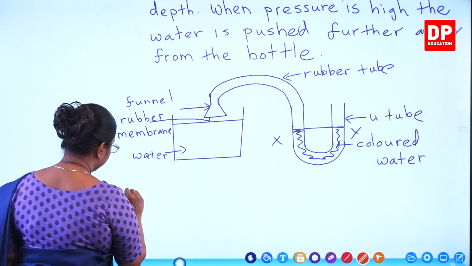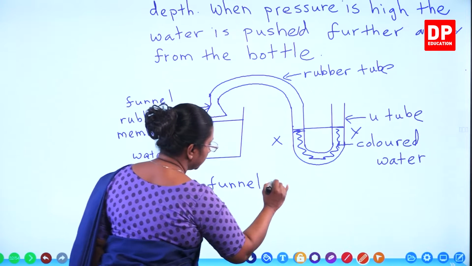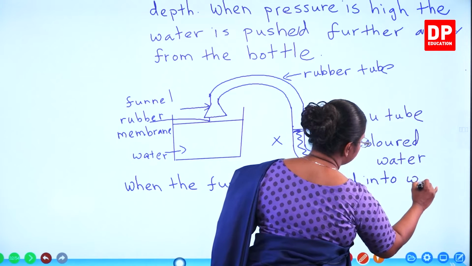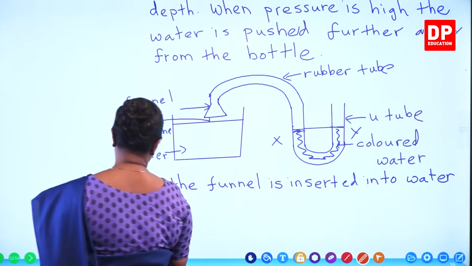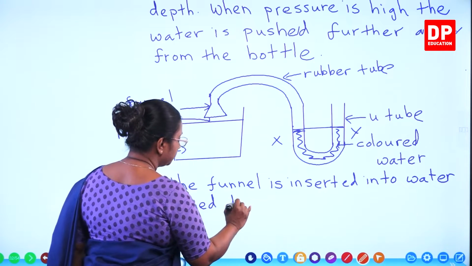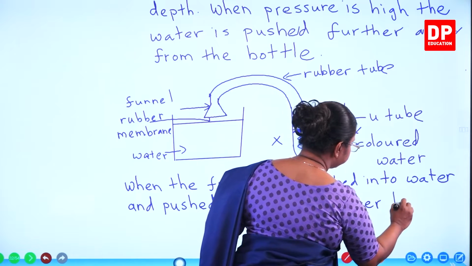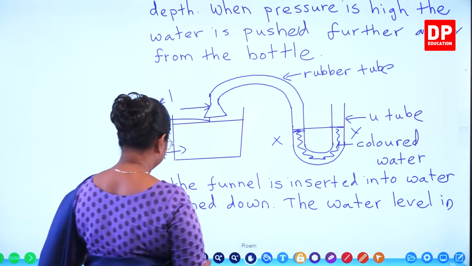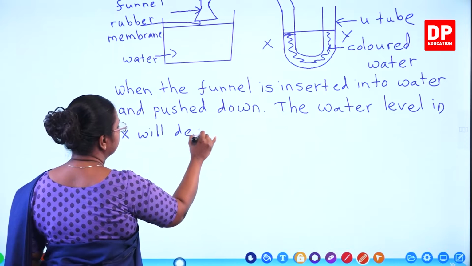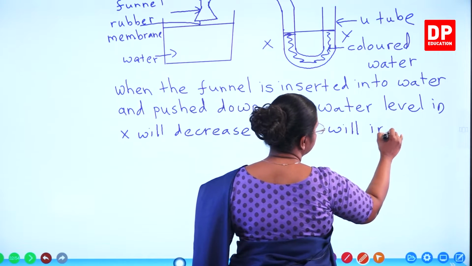So here you can say, when the funnel is inserted into water and pushed down, the water level in X will decrease and Y will increase.